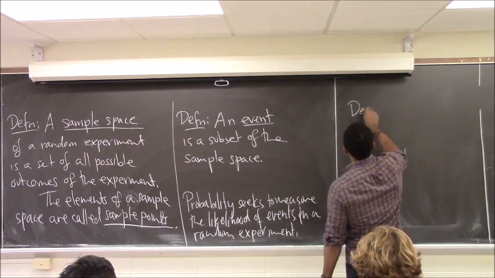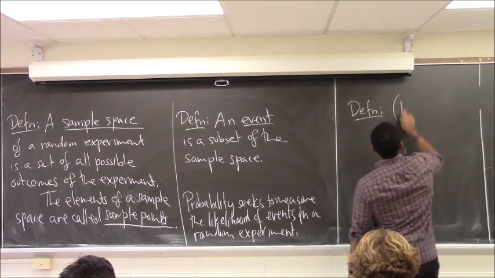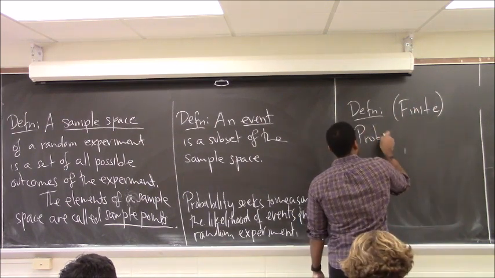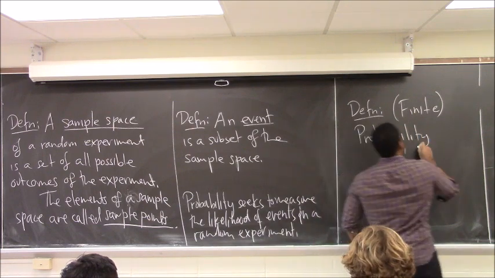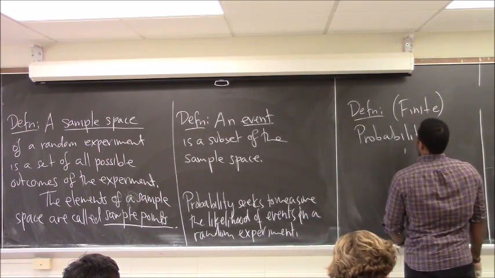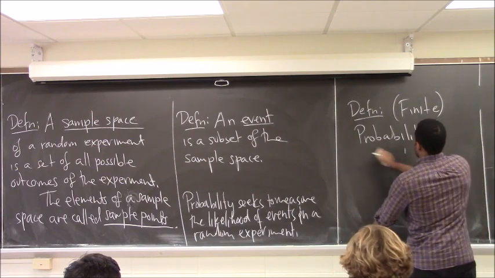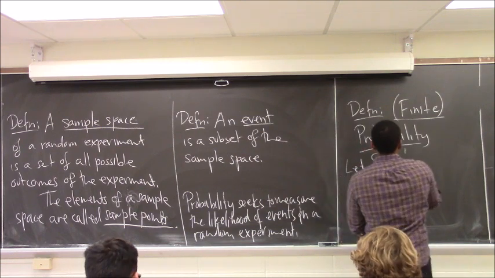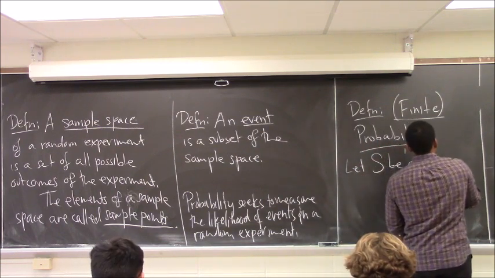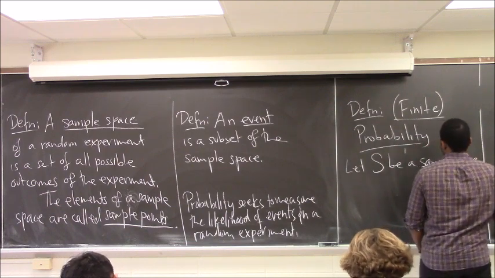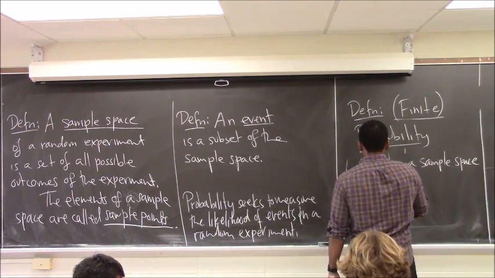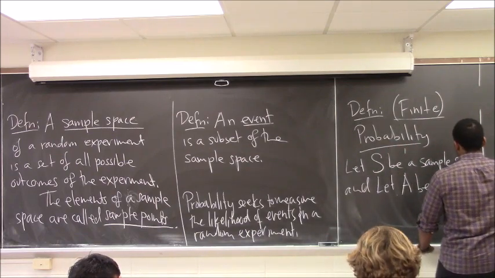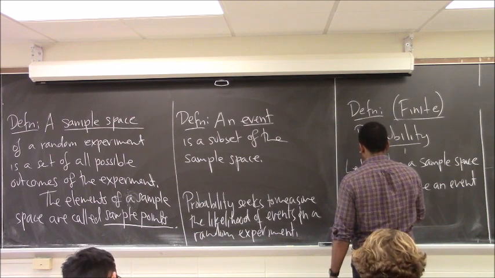So our definition is going to be the following. We are focused on finite probability. Other kinds of probabilities are different. Let S be a sample space, and let A be an event in the sample space.